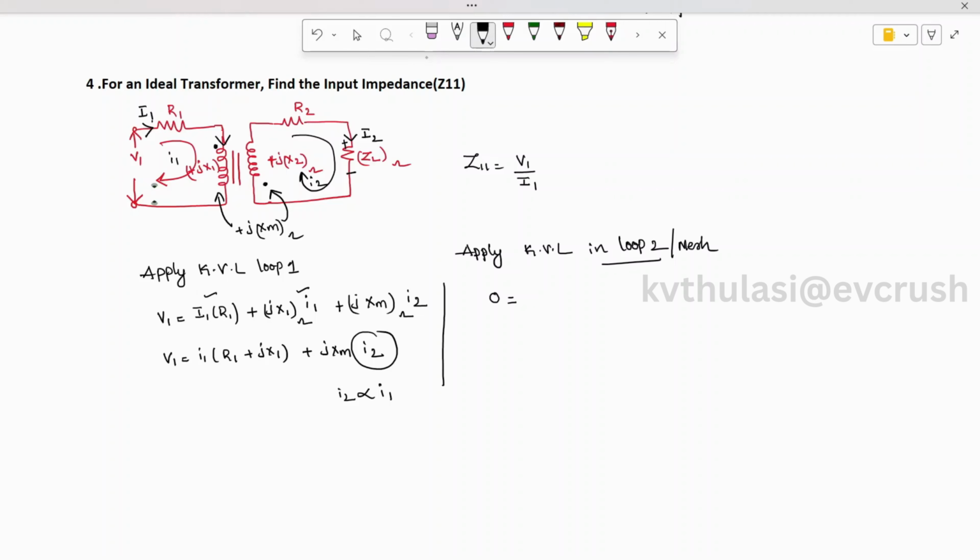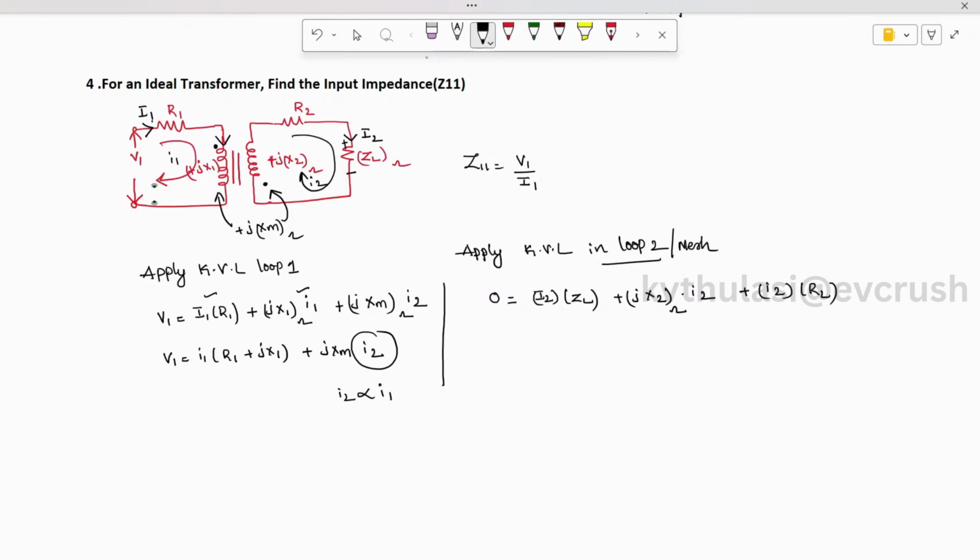The drop is I into R, where R is ZL, plus jX2, with current I2, plus I2 into R2.